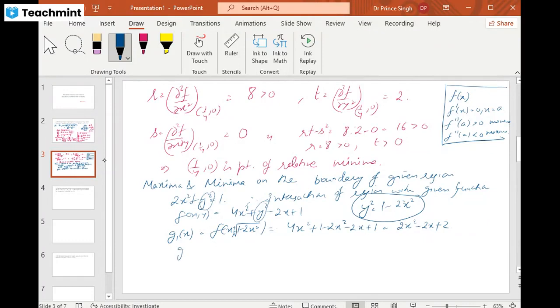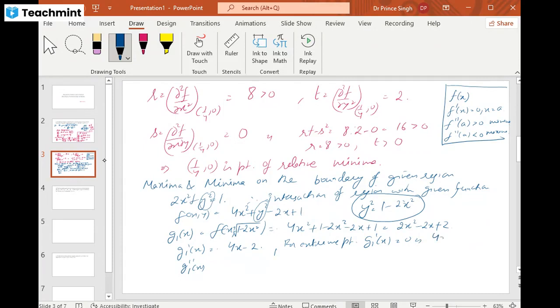So firstly we calculate g1 dash x, the first order derivative with respect to x. So the derivative is 4x minus 2. For the extreme point, we put g1 dash x equal to 0.